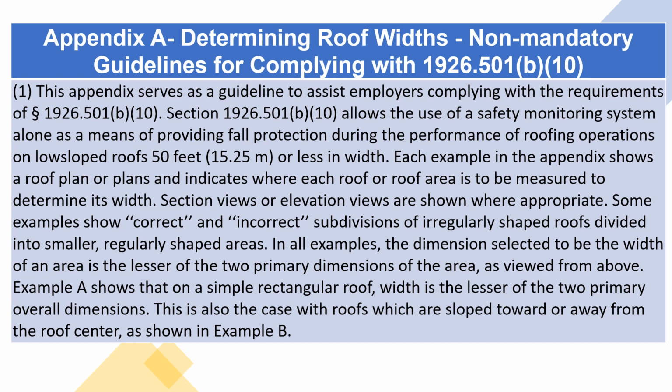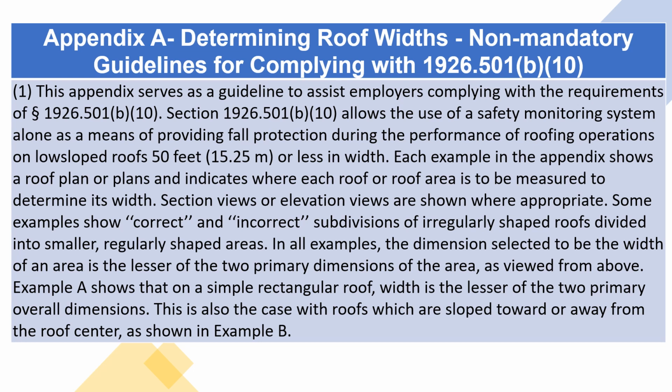Each example in the appendix shows a roof plan or plans and indicates where each roof or roof area is to be measured to determine its width. Section views or elevation views are shown where appropriate. Some examples show correct and incorrect subdivisions of irregularly shaped roofs divided into smaller, regularly shaped areas. In all examples, the dimension selected to be the width of an area is the lesser of the two primary dimensions of the area, as viewed from above.